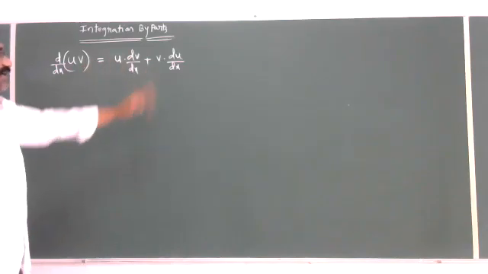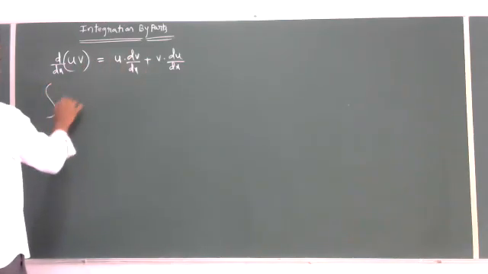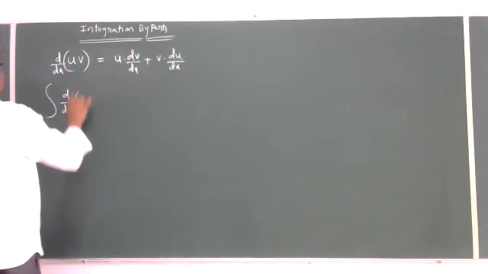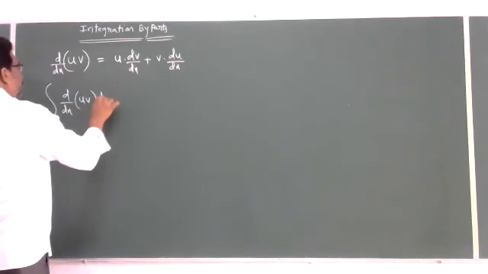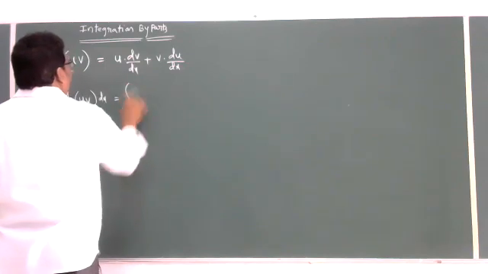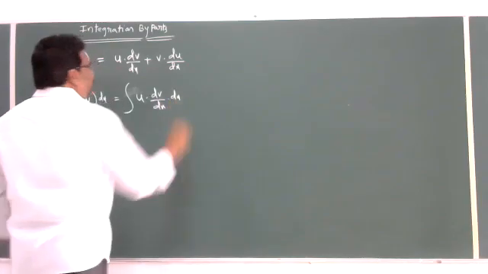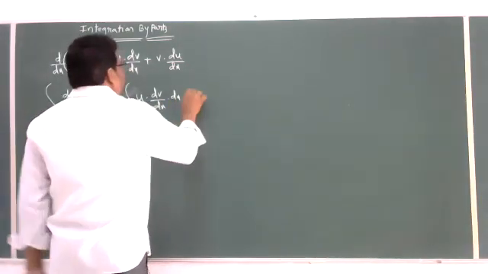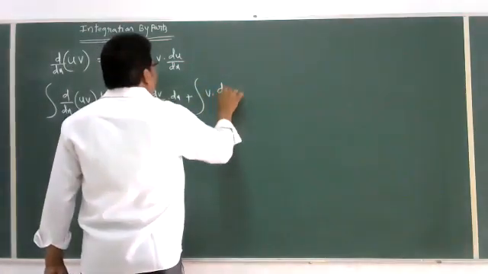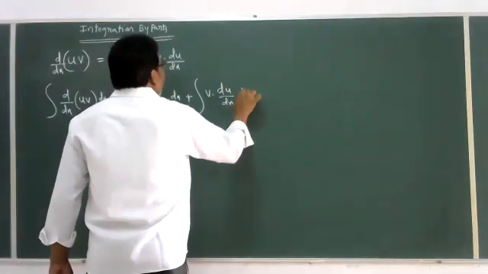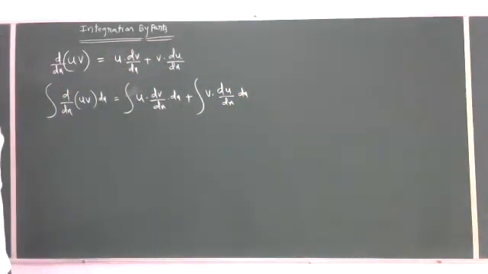Then integrating on both sides, integration of d by dx of UV with respect to x is equal to integration of U into dV by dx dx plus integration of V into du by dx dx.